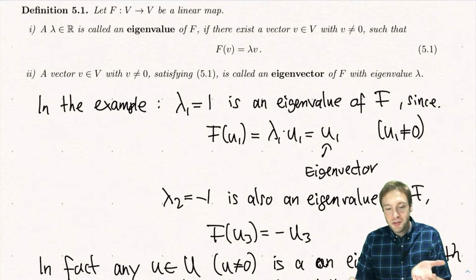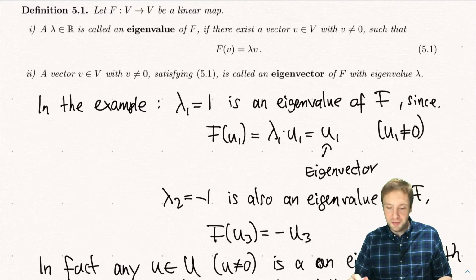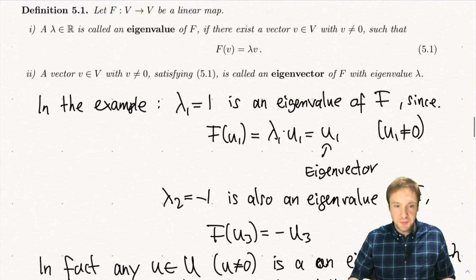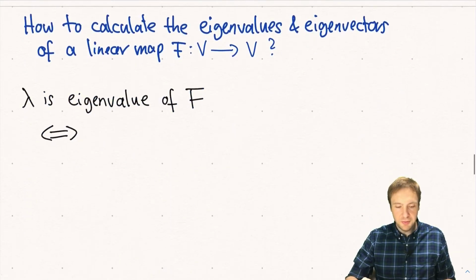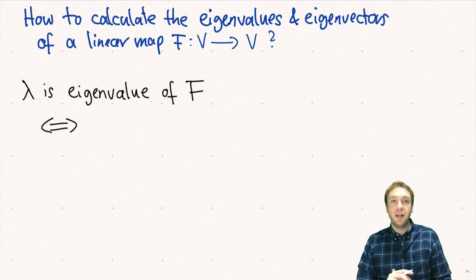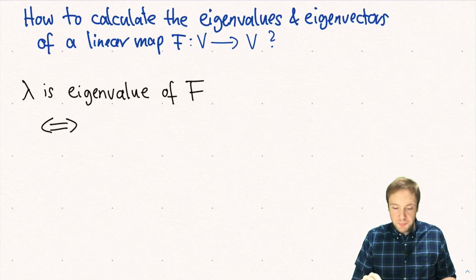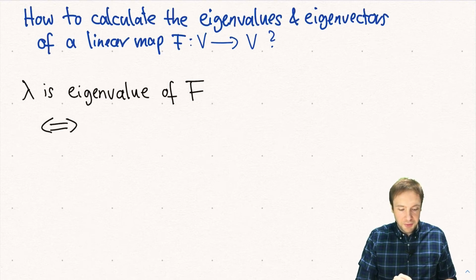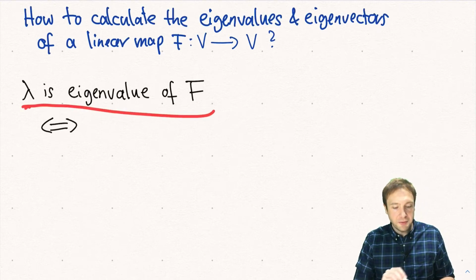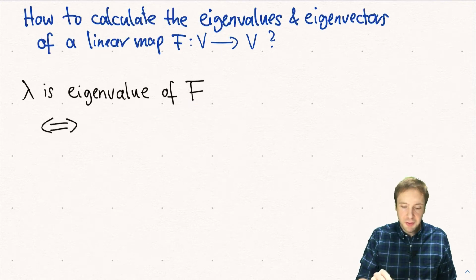But usually in the application, you just have the linear map, and then you should calculate what are the eigenvalues, and then calculate the eigenvectors. So now it's a question: how do we actually calculate eigenvalues and eigenvectors of a linear map? So for this, let's start by saying that lambda is an eigenvalue of this linear map f.